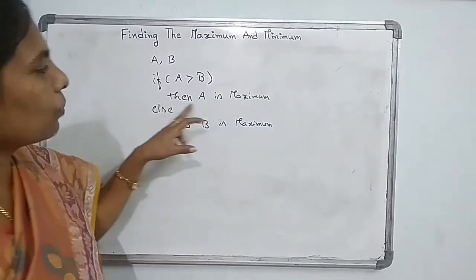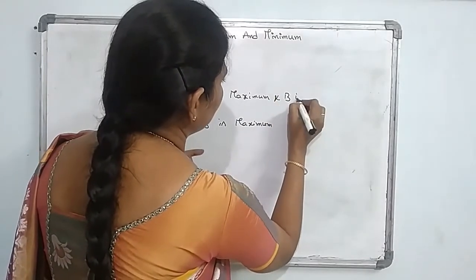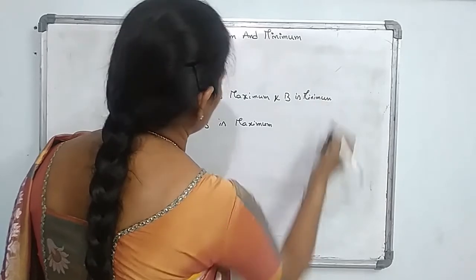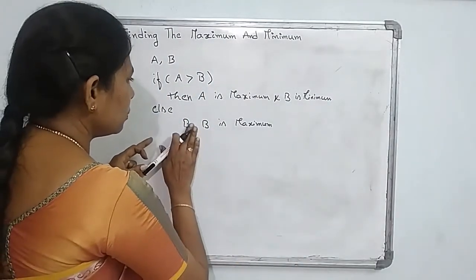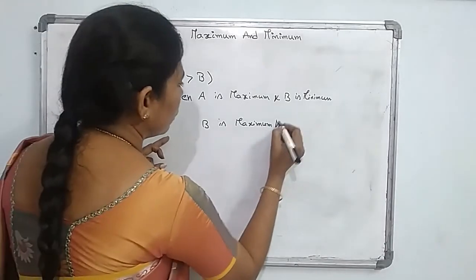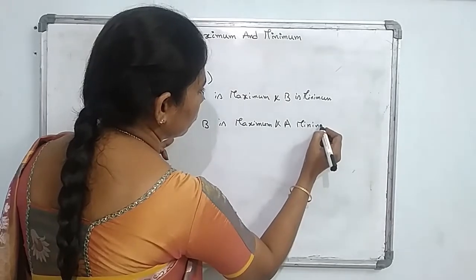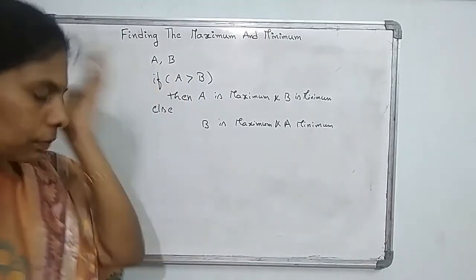If A greater than B, then A is maximum and B is minimum. Otherwise, B is maximum and A is minimum. That is for only two elements.